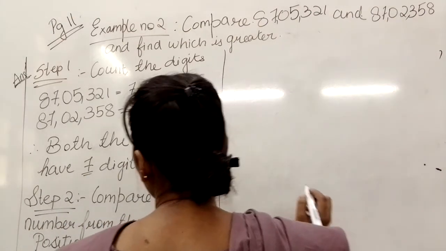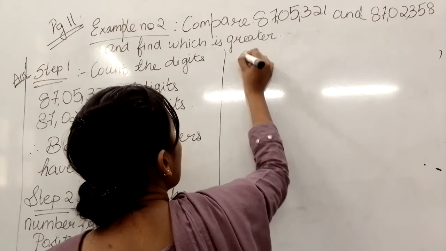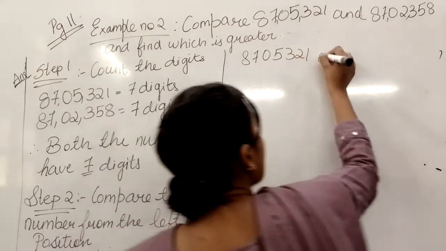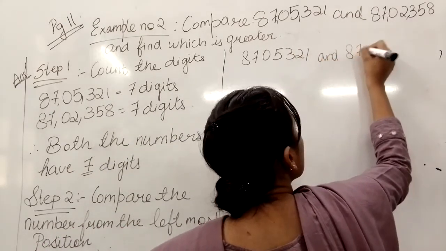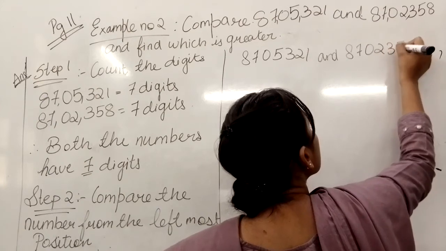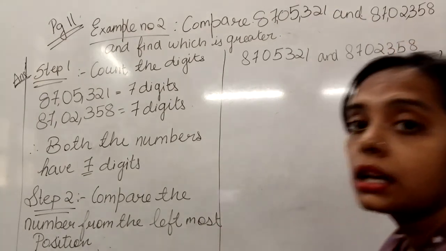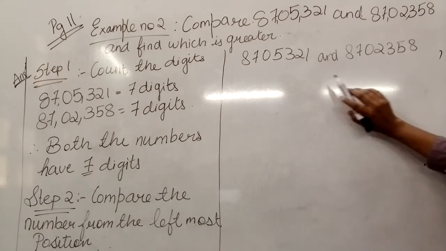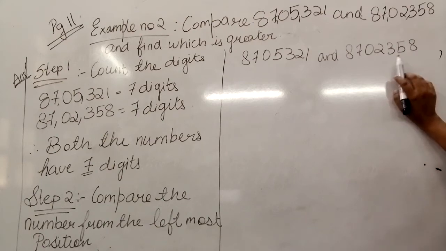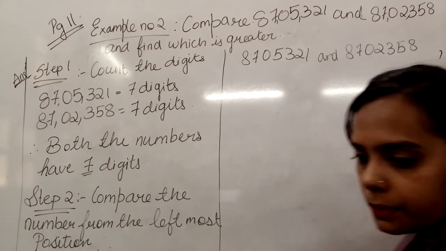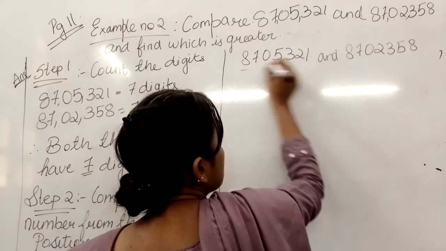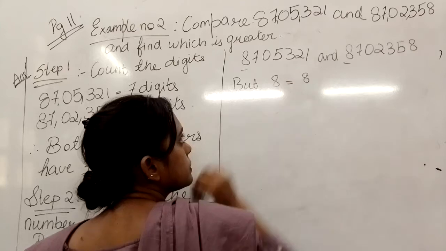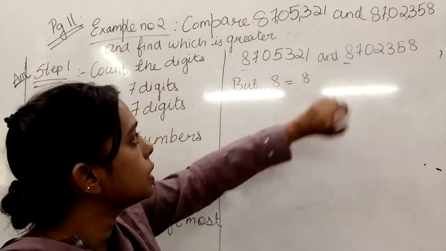Now again look at the numbers here. The number is 87,05,321 and 87,02,352. Now we will start comparing the numbers from the leftmost position. Look at the numbers. 8 is equal to 8.